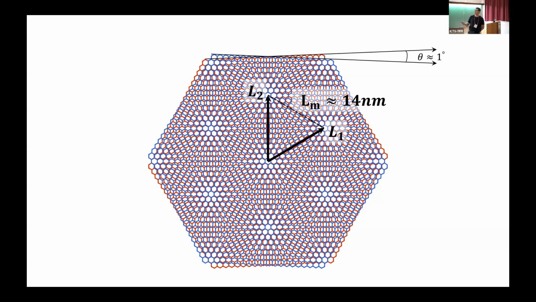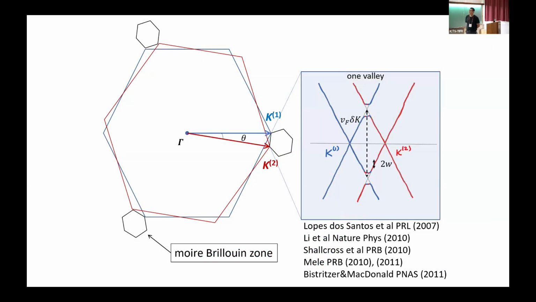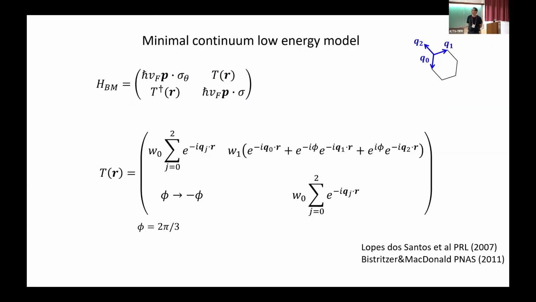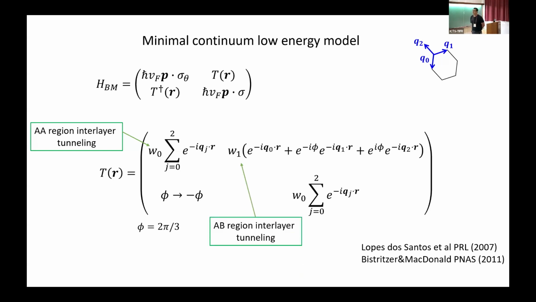And then there's a corresponding region where it's a BA stacking. In this Hamiltonian, the interlayer tunneling through the AA region is parametrized by W0, and the interlayer tunneling through the AB region is parametrized by W1. If it wasn't for a relaxation effect, which I'm not going to discuss in this first lecture, but I will discuss in the second lecture, these two parameters would be the same.